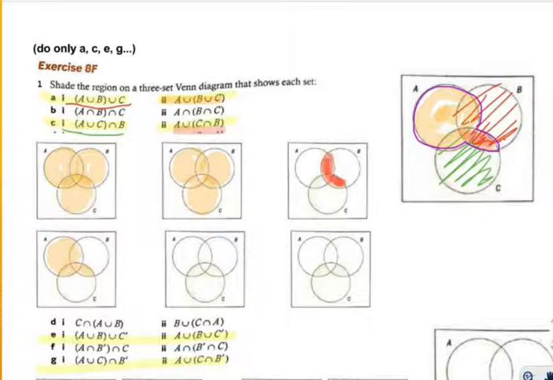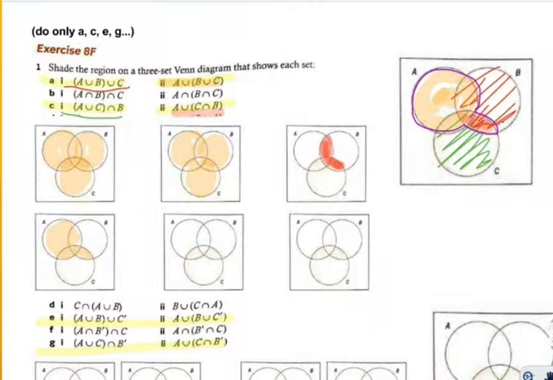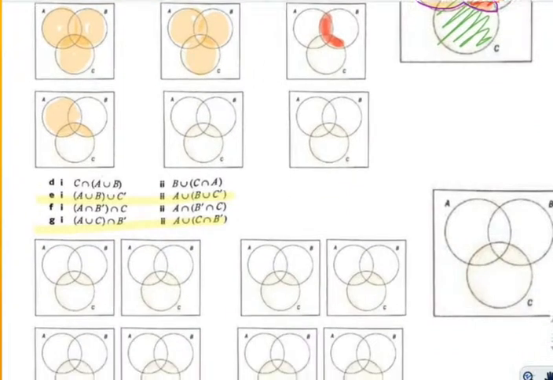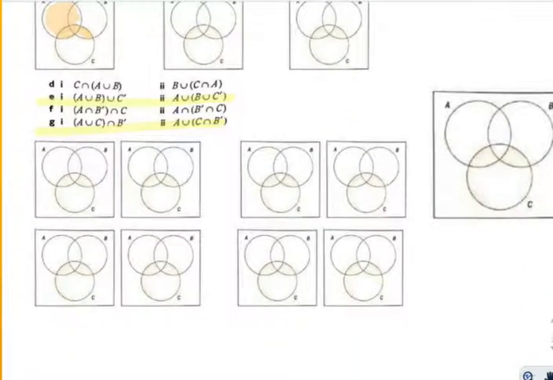Okay, now moving on. We're going to do E. We're going to do A union B. I'm just going to color in A union B because we've done it a lot and we know what A union B looks like. And then we're going to union that with C complement.